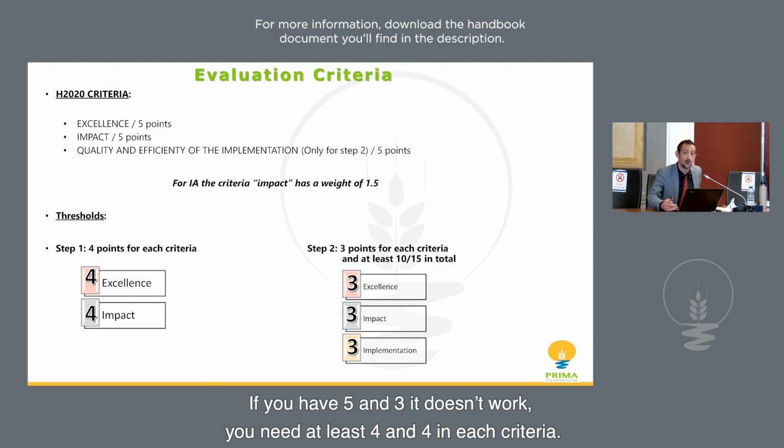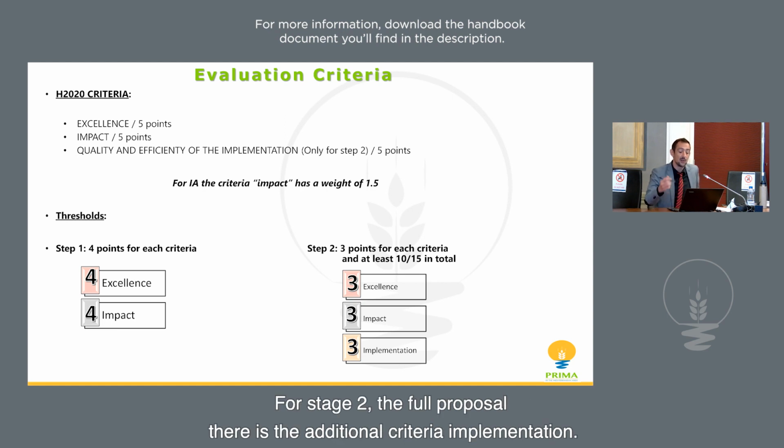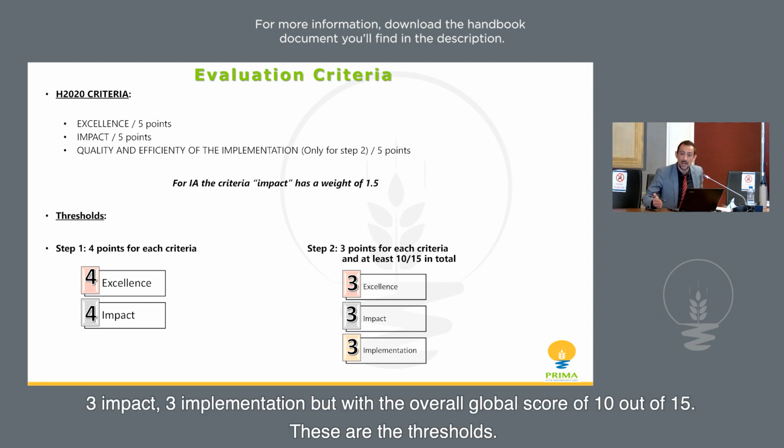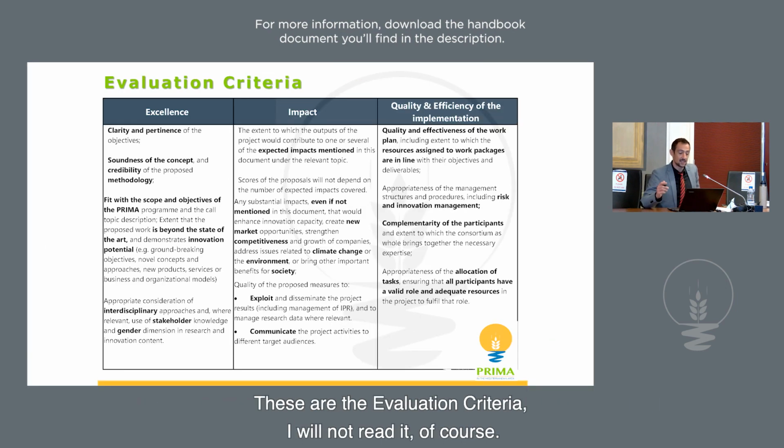You need at least 4 and 4 in each criterion. For stage 2, the full proposal, there is the additional criterion, implementation. Here the threshold is 3 out of 5 for each criterion, 3 in excellence, 3 in impact, 3 in implementation, but with a global overall score of 10 out of 15. These are the thresholds.